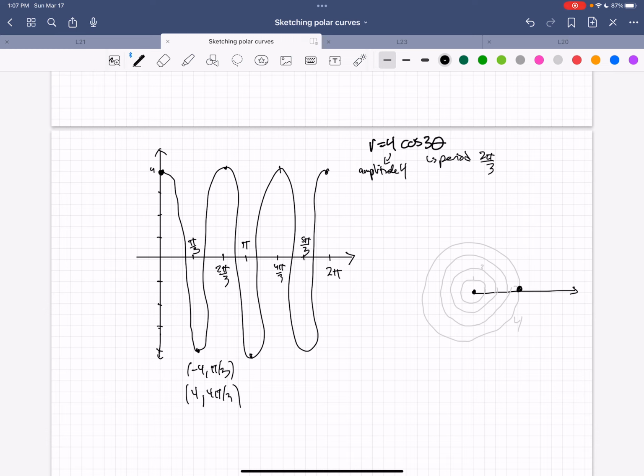So that would mean down here. Then this at 2 pi over 3, you can just plot normally. And then this one at pi, negative 4 at pi is the same thing as 4 at 0 or 2 pi. So now we're just going back to these tips of the petals.